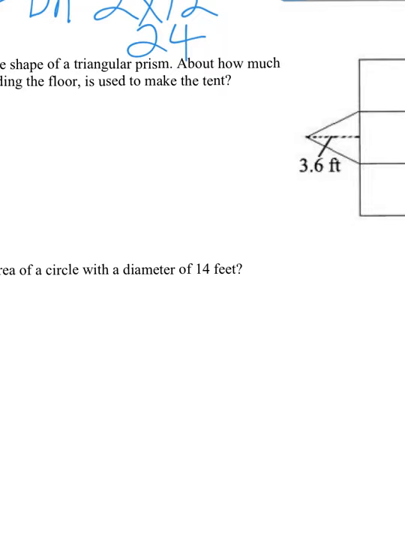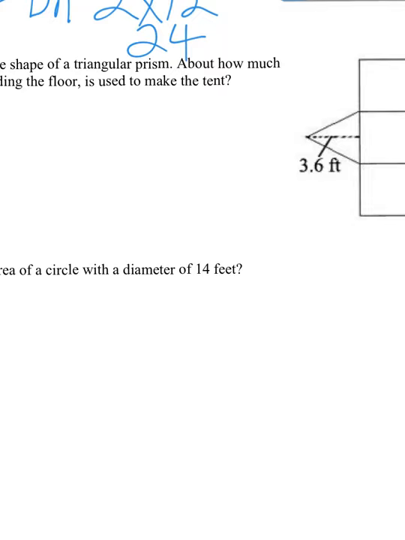So because we're finding the total surface area of this triangular prism, we have to find the area of each of these shapes. There are 5 total. You will see that the rectangles all have the same area, and the triangles, being on the ends, that's the shape of the base, also have the same area. So we can find the area of one rectangle, multiply by 3, and find the area of one triangle and multiply by 2.